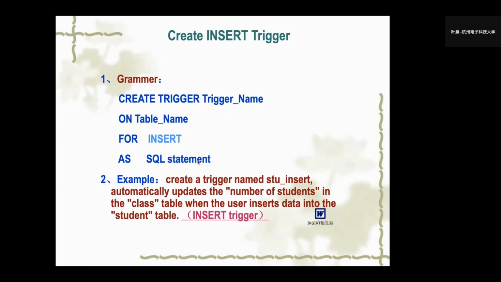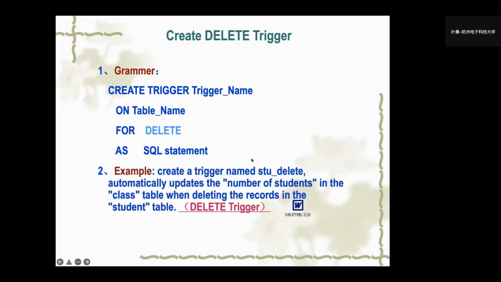So the example will be you can create a trigger named student insert, which automatically updates the names of students in the class table when the user inserts into the student table. So here you can just practice to write this kind of trigger, and I will give the answer in the next class.